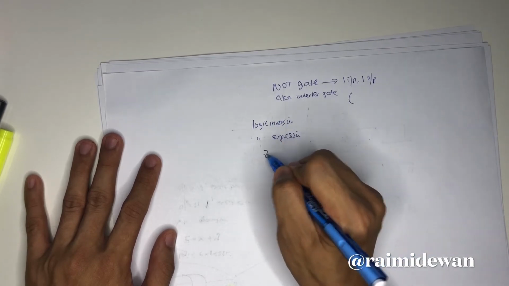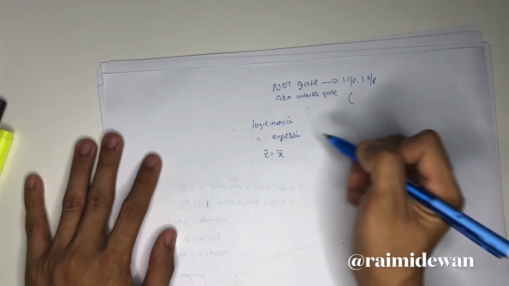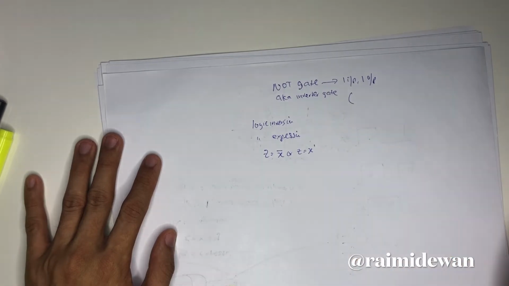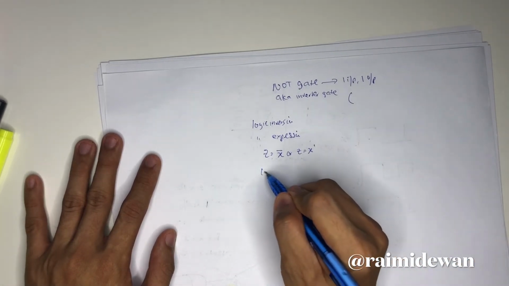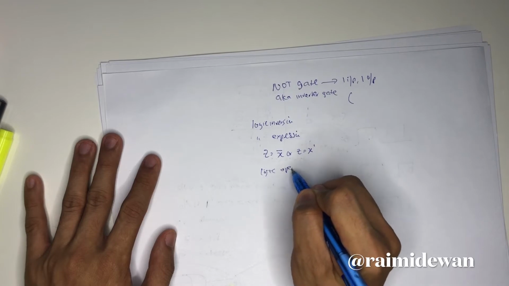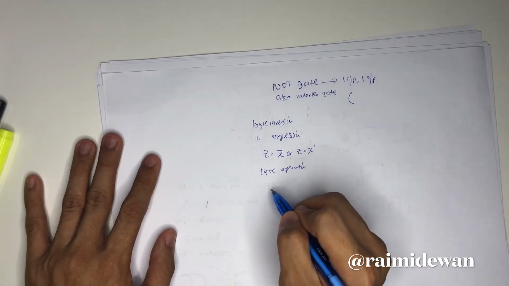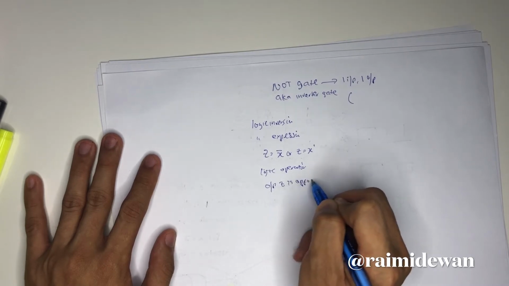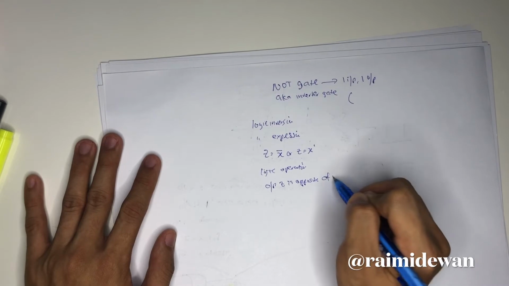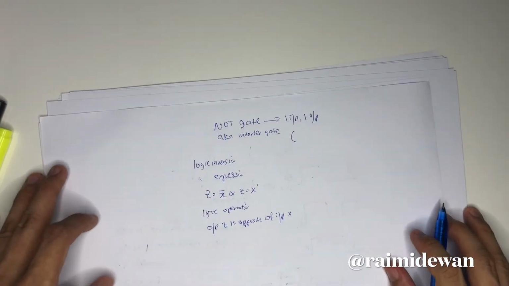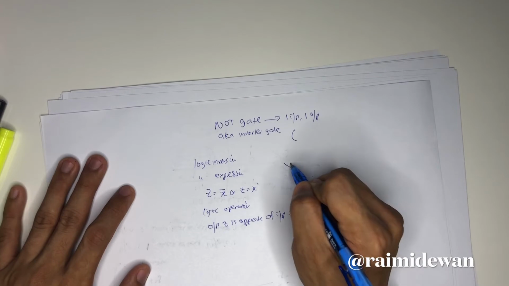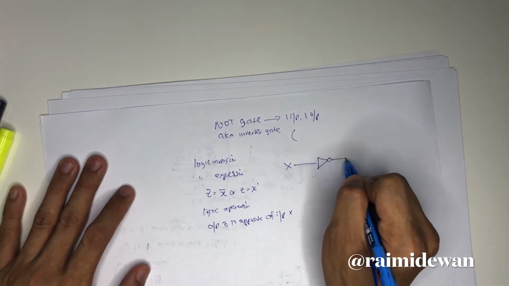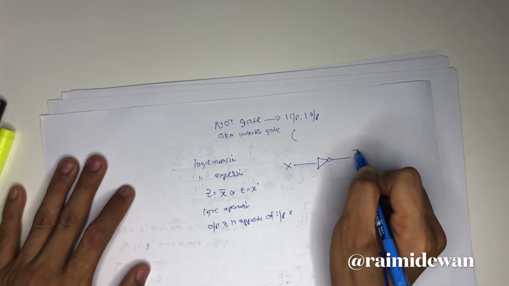The logic expression is Z equals X bar, or Z equals X prime, while the logic operation is that output Z is the opposite of input X. So what is the symbol then? You have your X as your input and you have the NOT gate, so the output is X bar.